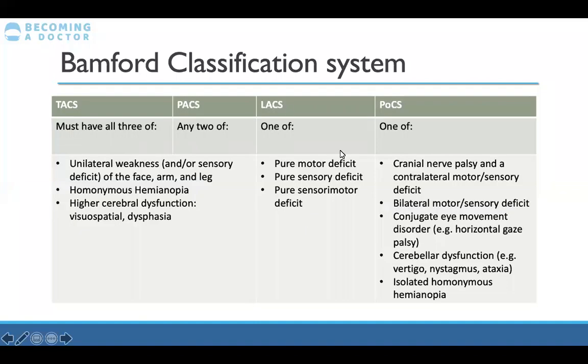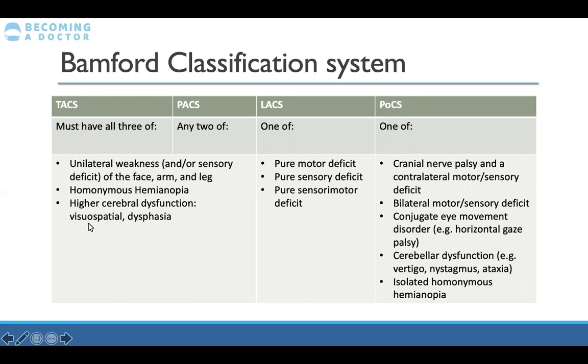So moving on, total anterior and partial anterior, so they form the strokes in the anterior circulation, which include the anterior cerebral artery and the middle cerebral artery. For a total anterior stroke, you need all three of these symptoms that I've stated here.